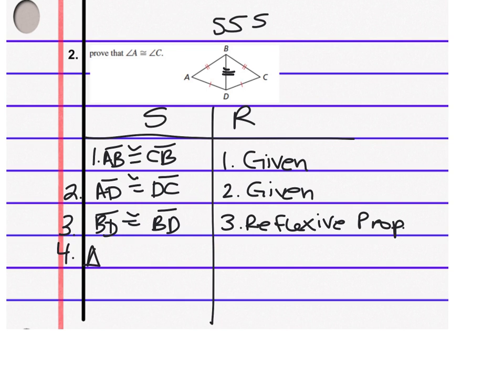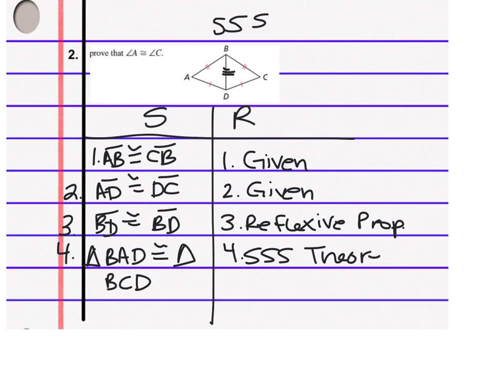And then I'm going to say the two triangles are congruent, so triangle BAD. And if you do a different order, that's okay, as long as you list it. So I'm saying BAD, that would go with BCD. And we use the SSS, side, side, side theorem.